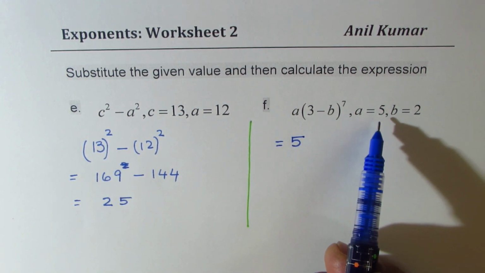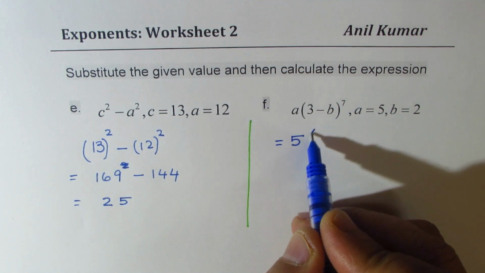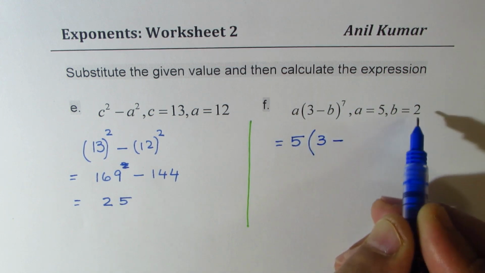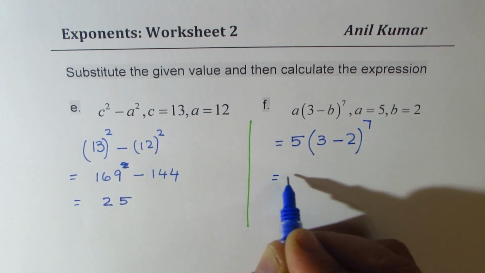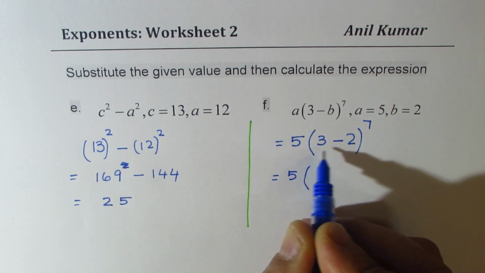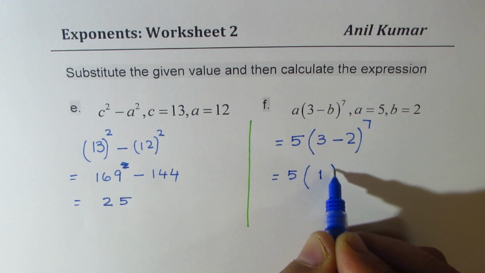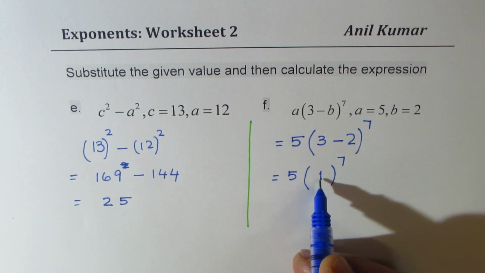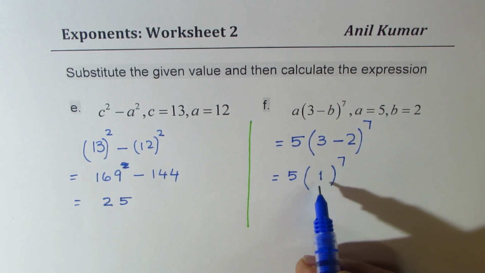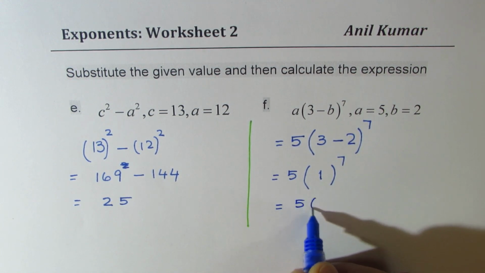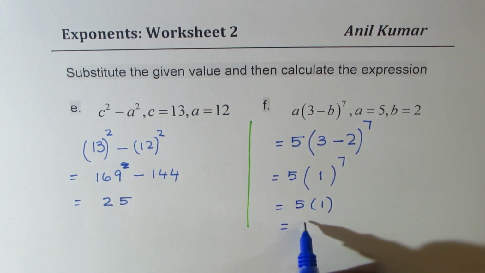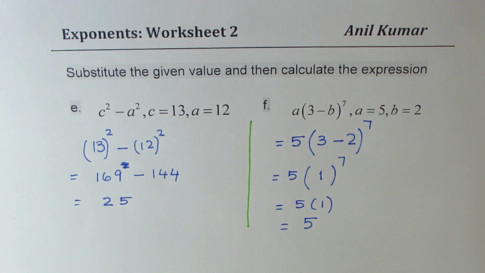If the numbers are negative, then it is essential to write them with brackets. 3 minus b is 2, to the power of 7. Now here what do we get? We get 5 within brackets. 3 minus 2 is 1, to the power of 7. Anything to the power of 1 will just give you 1, right? So what we get here is 5 times 1, which is equal to 5. Correct? So that is what you get as your result.